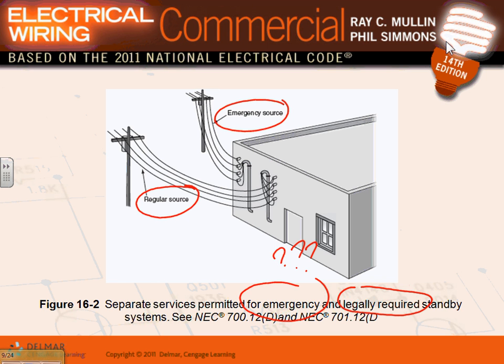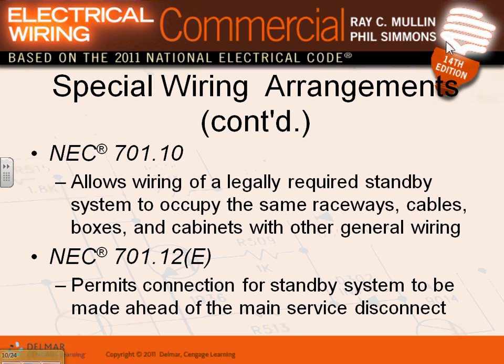So if you bring two feeders to your building from that network, maybe that will qualify. In the middle of nowhere, a storm will come to your building and knock down both. Even if you put them a mile or 2 miles away from each other, a storm usually covers that area and will take you down. So again, this is good for legally required, question mark for emergency.